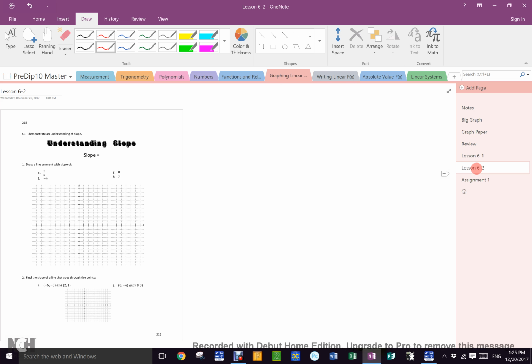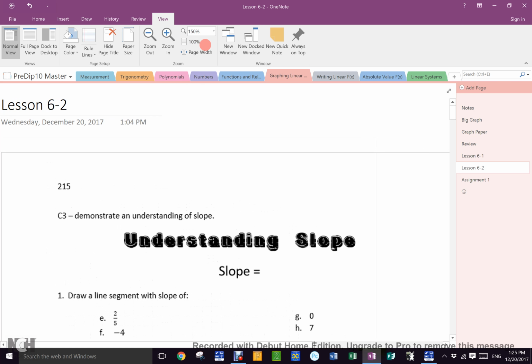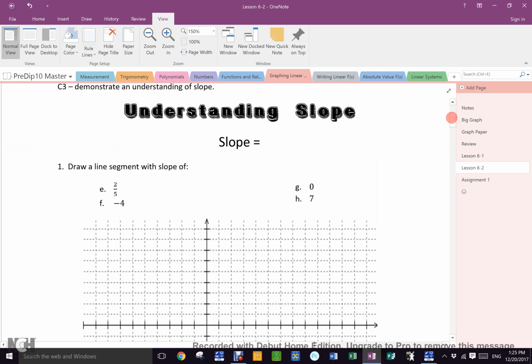Cabbages, to page 215, which is apparently necessary. Understanding slope. All right. What is every single slope? Rise over run.